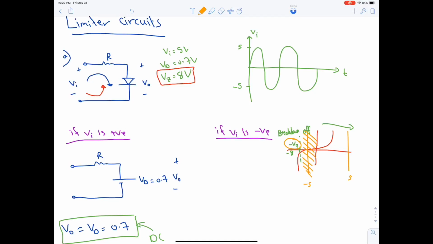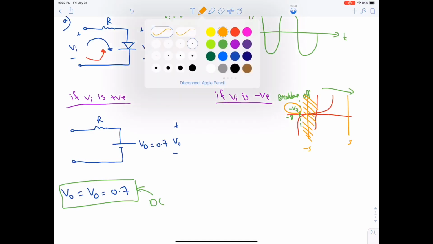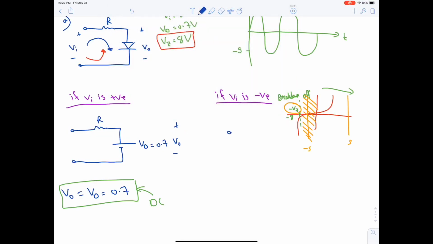If the value of VI exceeded VZ, where it's here in this region, then we have a breakdown region rather than off. Okay, we will take the other case. So here it's off rather than a breakdown. Now you might wonder, why did I check now in this example for off and breakdown?